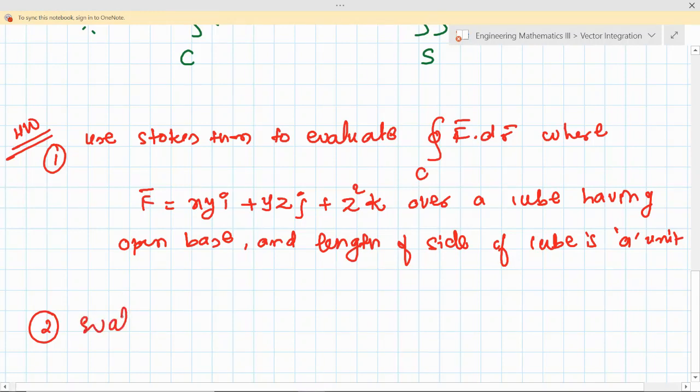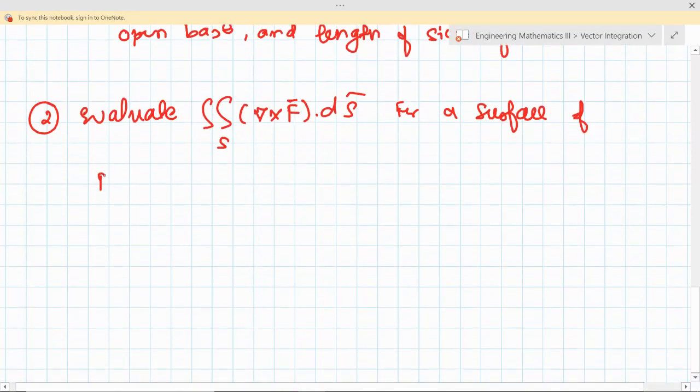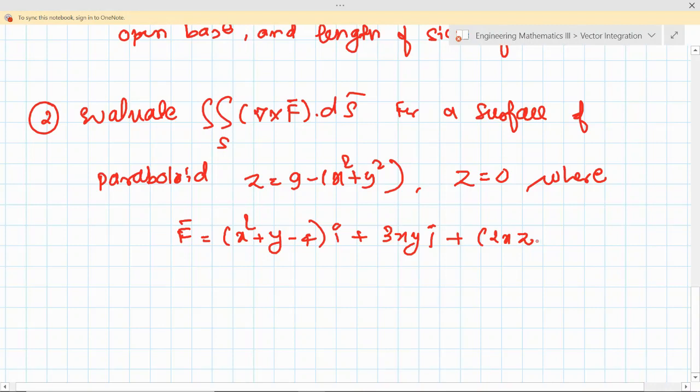Evaluate the surface integral of curl of f bar, that is del cross f bar dot ds bar over the surface of the paraboloid z is equal to 9 minus x square plus y square, with z is equal to 0, where f bar is given, f bar is equal to x square plus y minus 4 i plus 3xy j plus 2xz plus z square k.